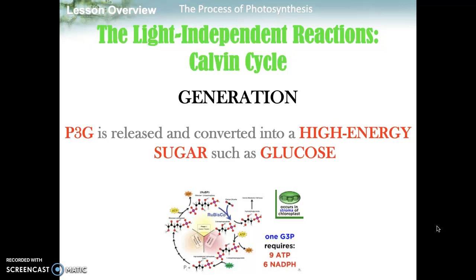Okay, so 6 CO2, 6 molecules of carbon dioxide, plus 6 H2O, 6 molecules of water, will produce, with sunlight, 1 molecule of C6H12O6 glucose, plus 6 O2, or 6 molecules of oxygen gas. That is the second part of photosynthesis.